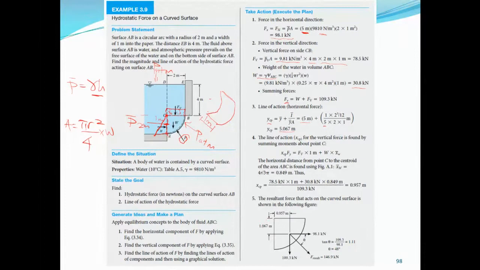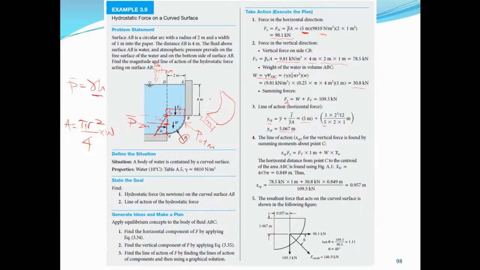So this is the vertical component, you can see it here, Ycp. Then for the horizontal component, which is Xcp, we now use the moment. The Xcp for the vertical force is found because this Ycp shows the point where the pressure force is acting.